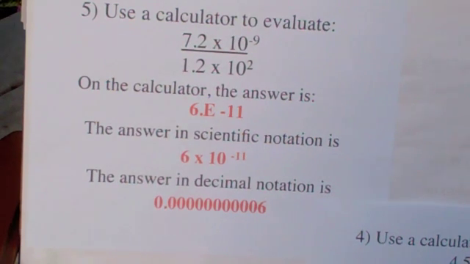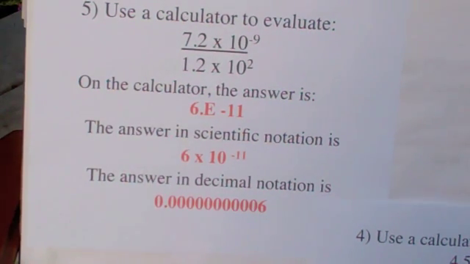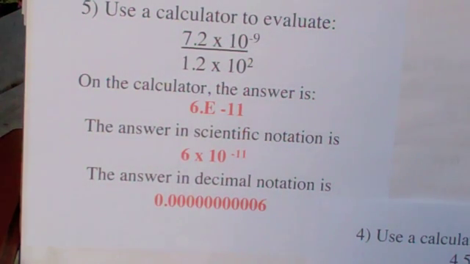When we put this in the calculator, we get 6 e to the negative 11th. In scientific notation, that's the same thing as 6 times 10 to the negative 11th. And the answer in decimal notation has a lot of zeros.